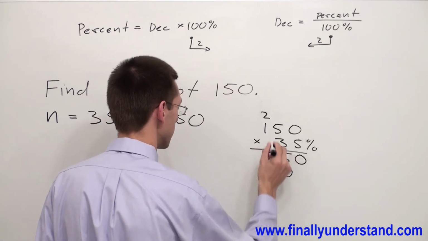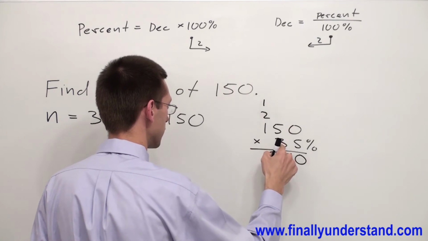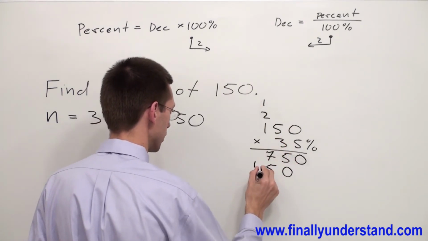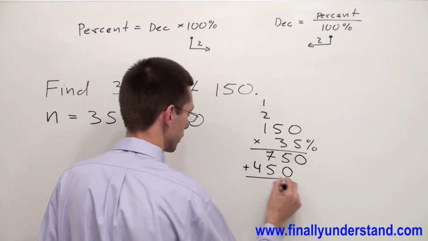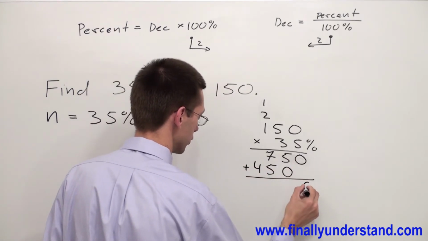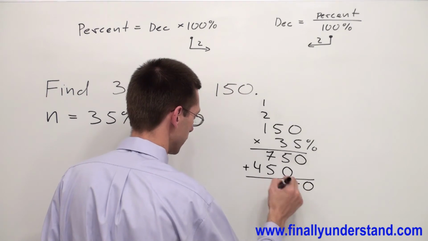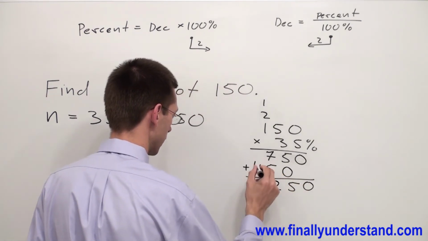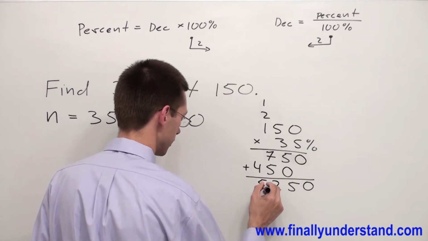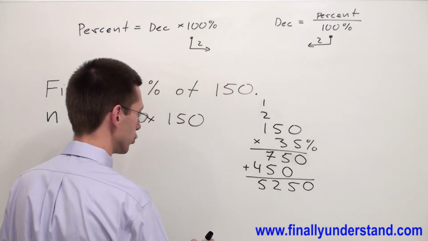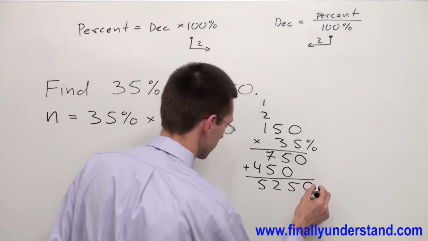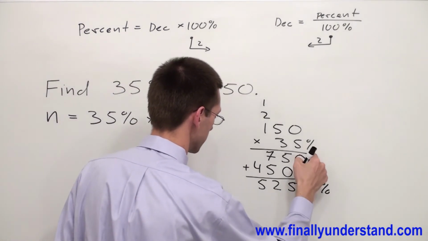Write 5 and carry 1. 3 times 1 is 3 plus 1 is 4. Add these numbers together and I have 0, 5, 7 plus 5 is 12, carry 1 is 5. 5,250. Of course, percents, because I have percent over here.